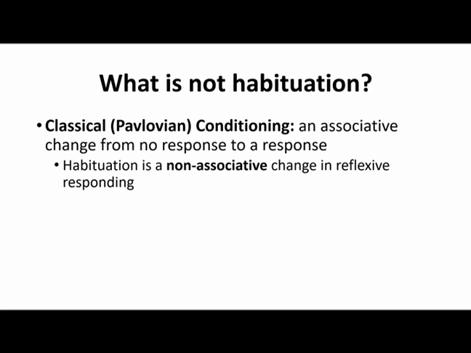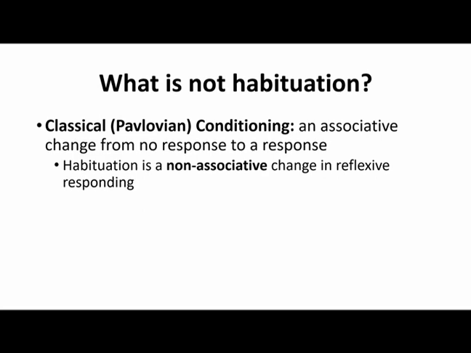You don't have to teach them to do that. They're just going to do it naturally. And then if you associate that neutral stimulus of a bell with the unconditioned stimulus of food, the neutral stimulus becomes a conditioned stimulus and will come to elicit the same salivatory response as the food does on its own.